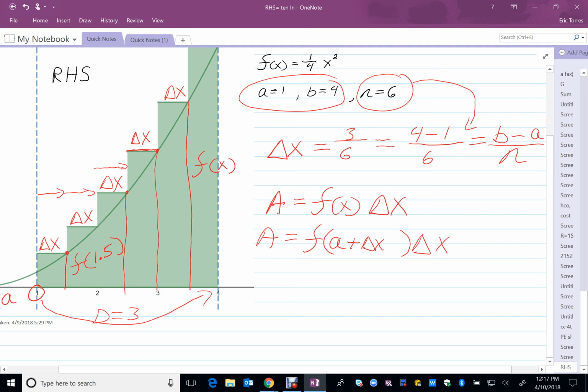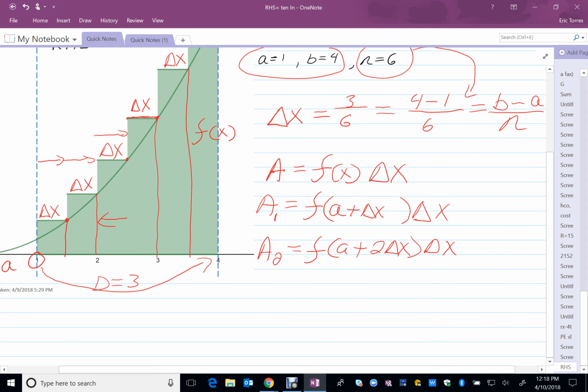If I look at now the second rectangle, so this is the first rectangle. The second rectangle, notice I had to move over 2 delta x's. So its height is, I could either write it as 2 times delta x, that's fine. That's its height times its width.